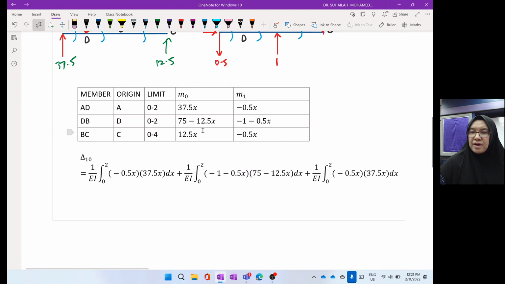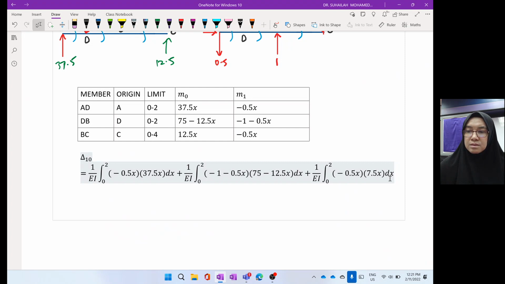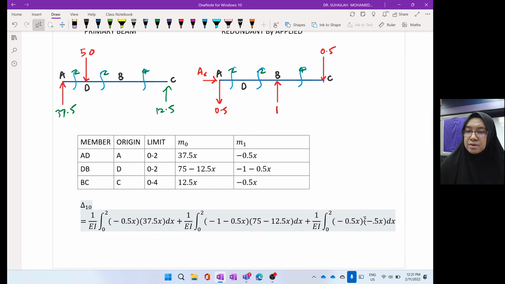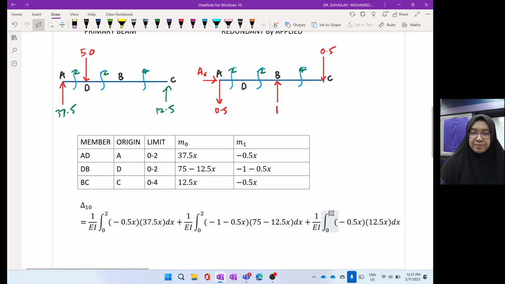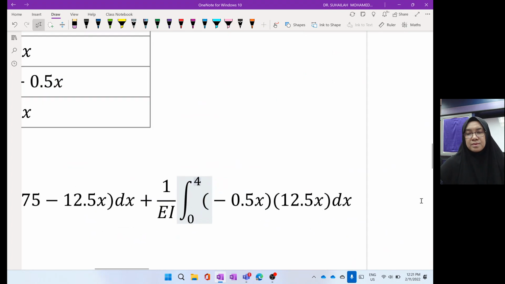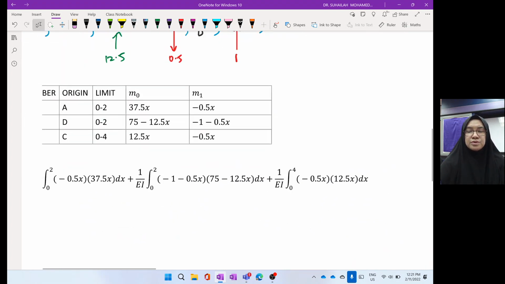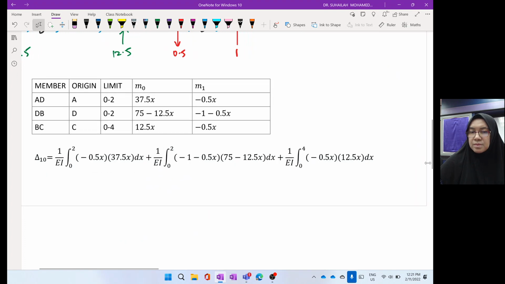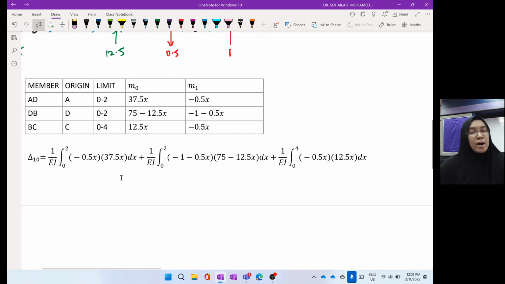Okay, it is negative 0.5 and 12.5. The L is negative. No, 12.5, 12.5, right? This one is 0 to 4. Okay. So this is for delta 1 node. And another one is F11.